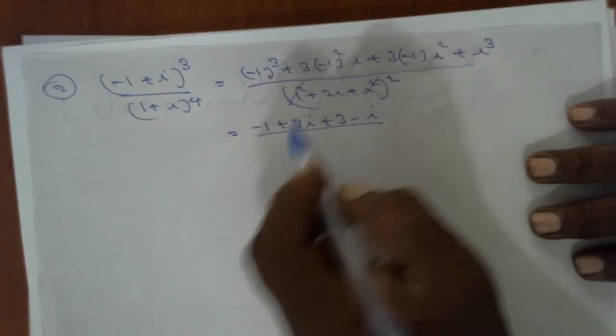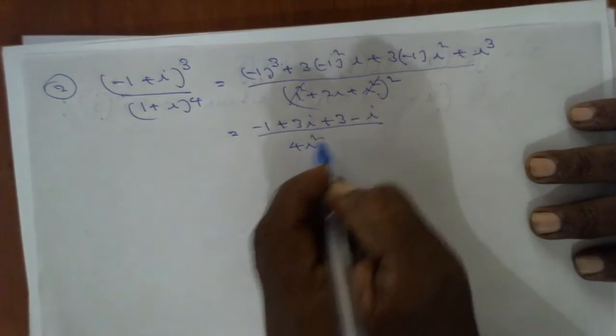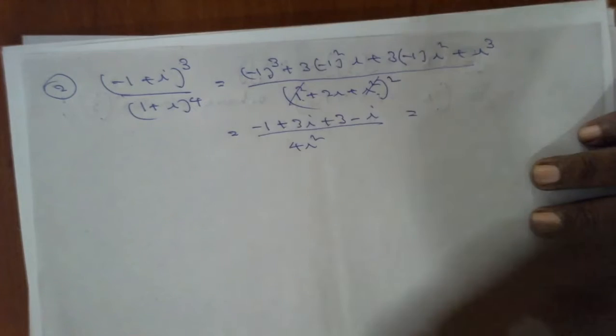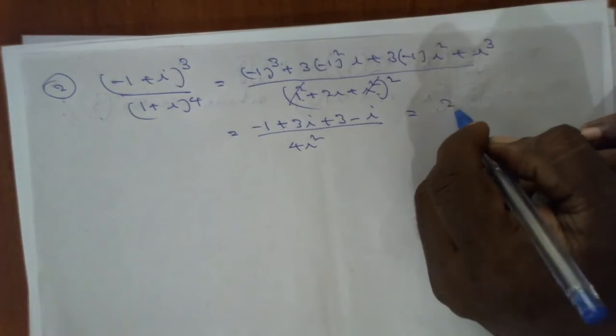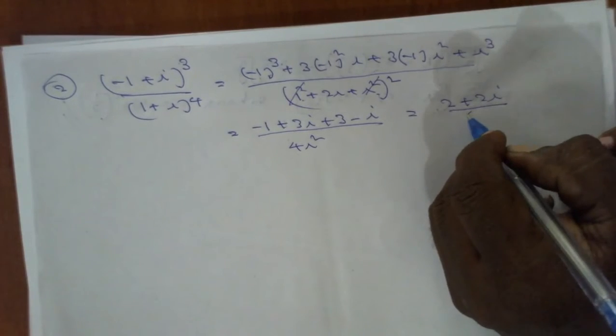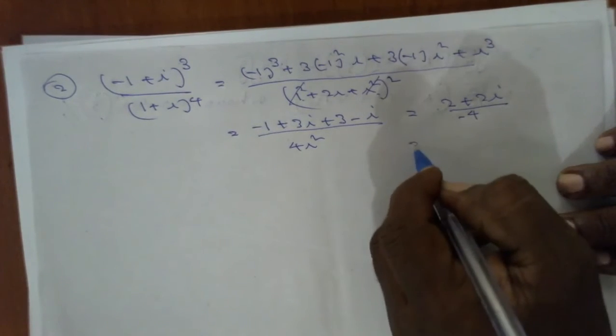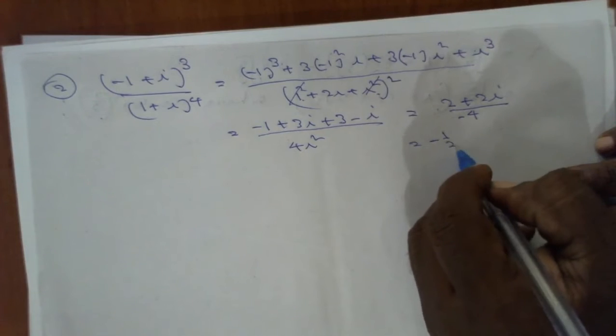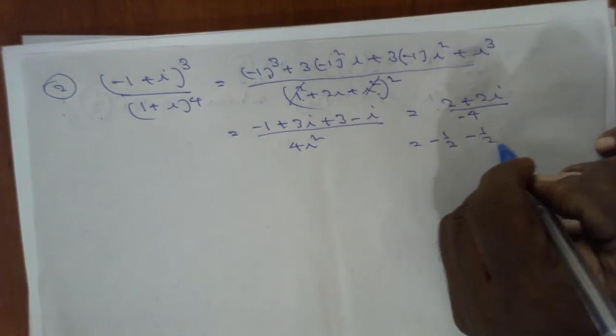Then 2i squared is 4i squared. So this equals 2 plus 2i over 4 minus 4... so this equals minus half minus half i.